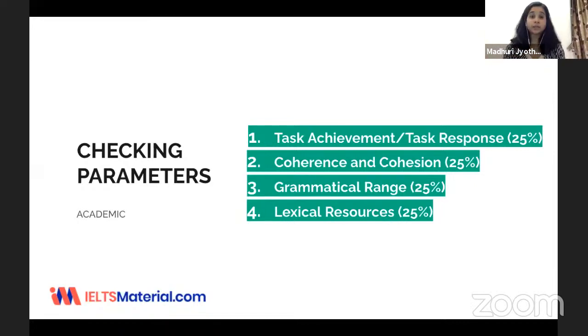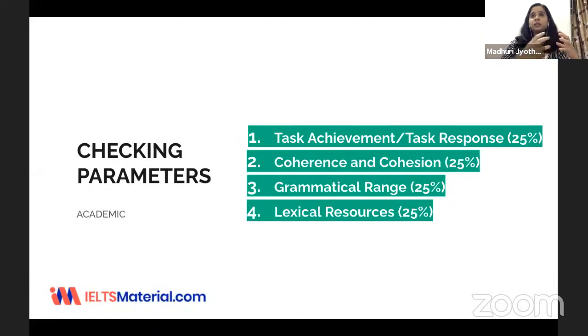And last, but very importantly, is your lexical resources. The term lexical resources might be unfamiliar to some of you, but lexical resources is nothing but vocabulary. In lexical resources, we usually try to use topic friendly vocabulary.